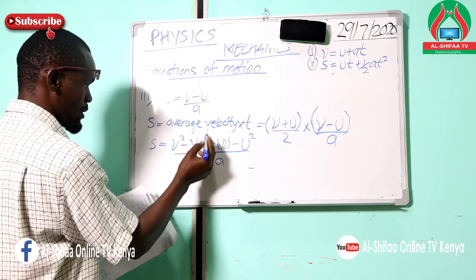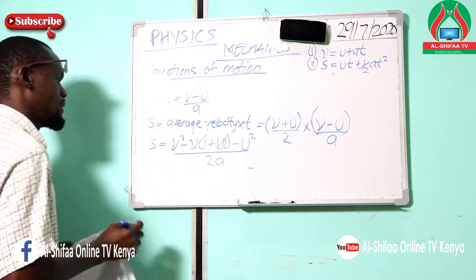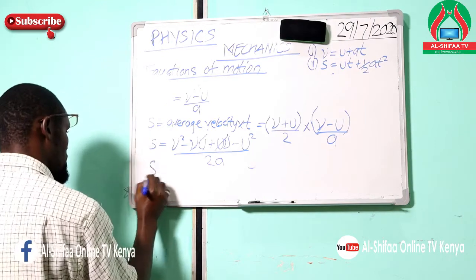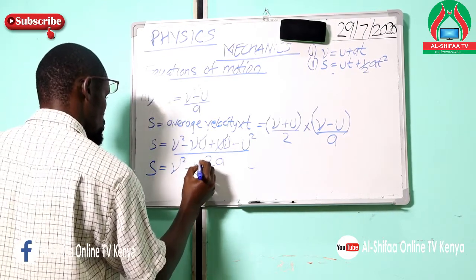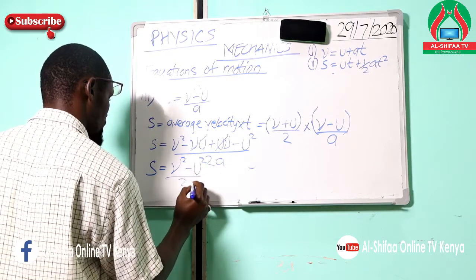So these two will cancel out each other. Then we'll remain with s is equal to v squared minus u squared over 2a.